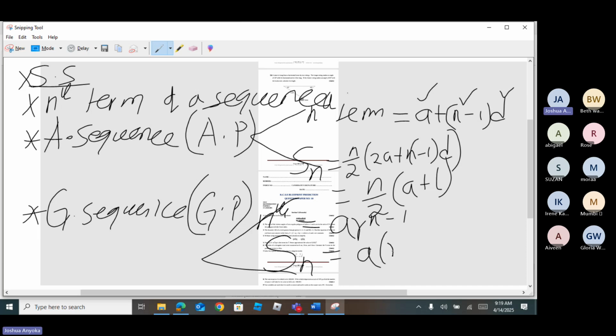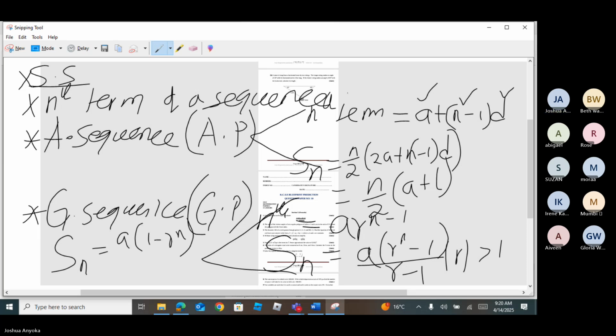A into R power n minus 1, over R minus 1, when the magnitude of R is greater than 1. We have another formula, A into 1 minus R power n over 1 minus R, when the magnitude of R is less than 1.